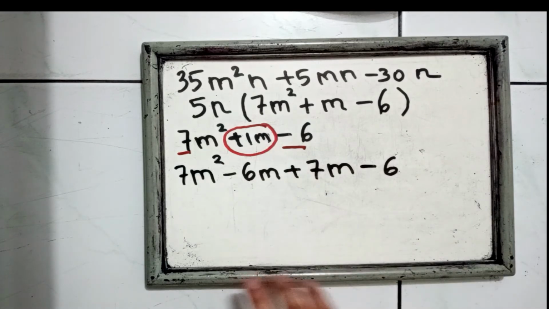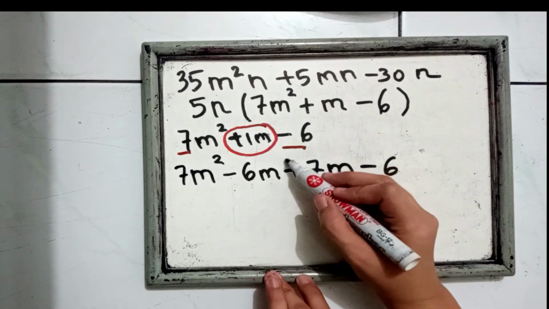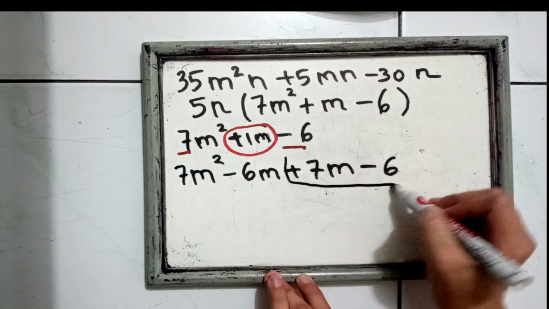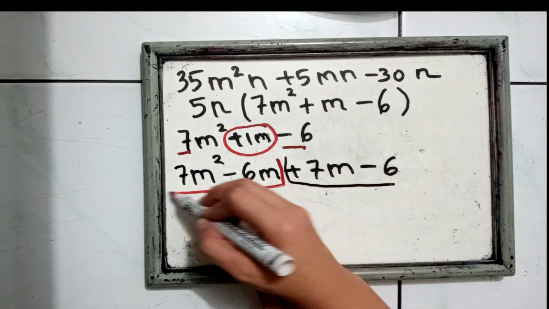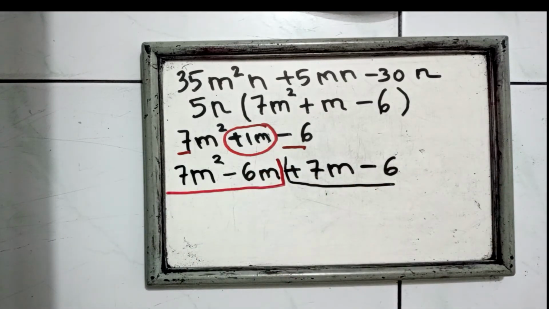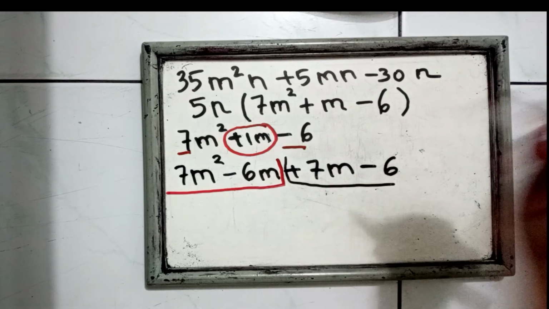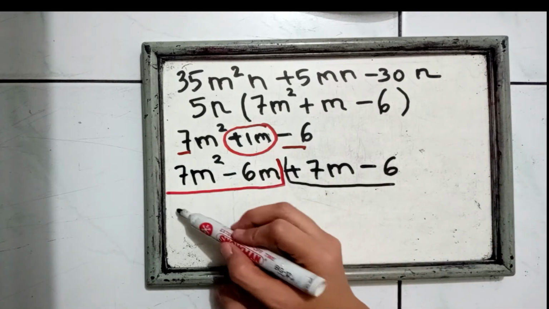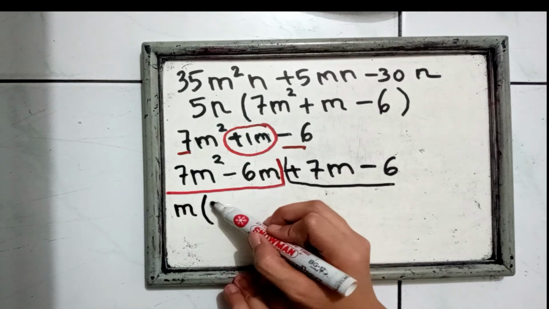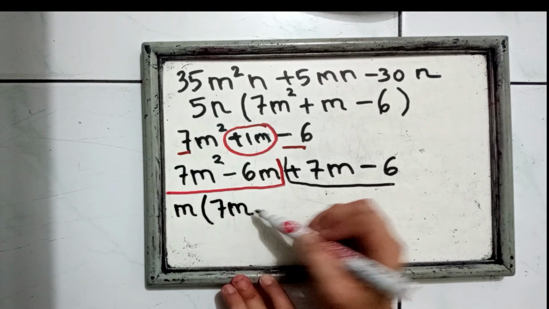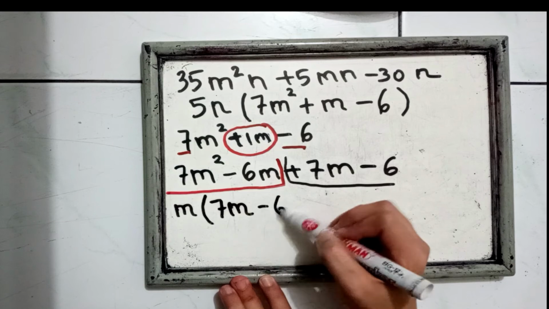After that, separate it. This part and one more, this is the other part. So 7m squared minus 6m. You can factorize, you can take away m, right? Then m times how many becomes 7m squared? Times 7m. This one, 6.